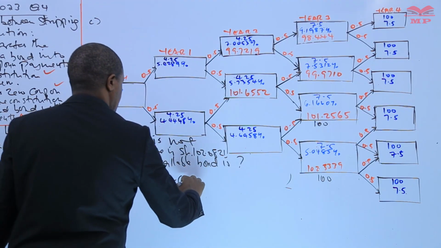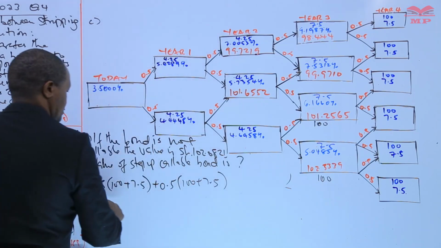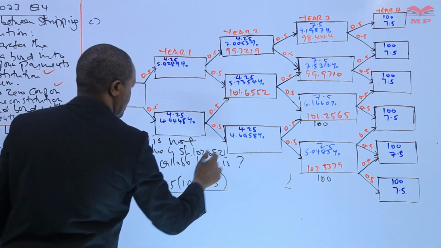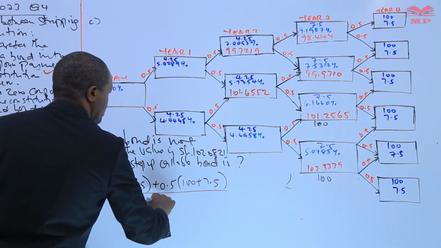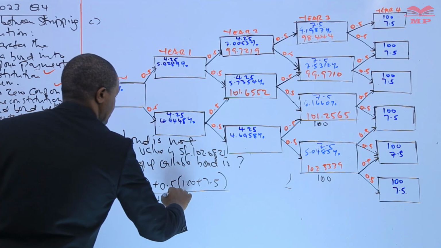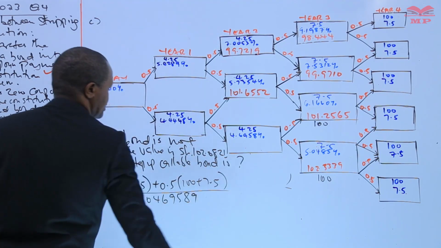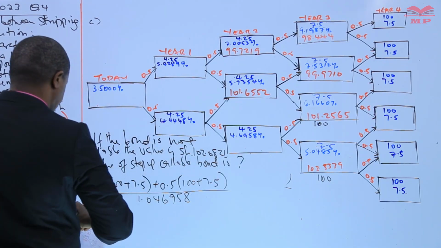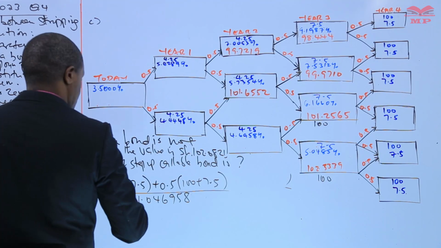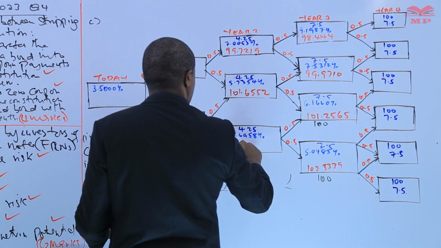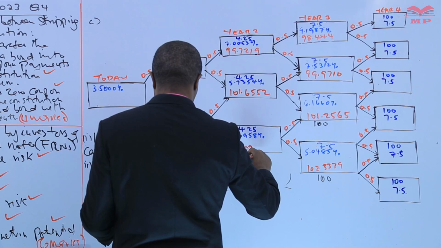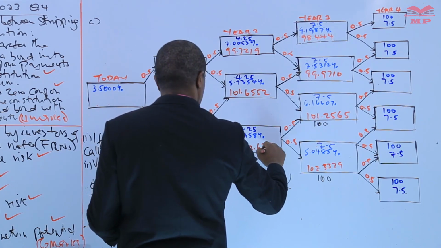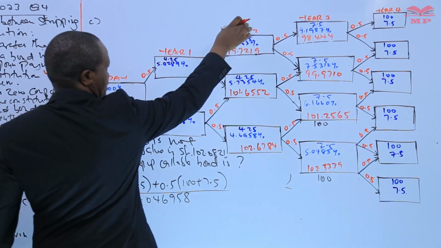So I have 100 plus 7.5 over 1.046958. This is a percent. 102.6784. We are done with the year 2.